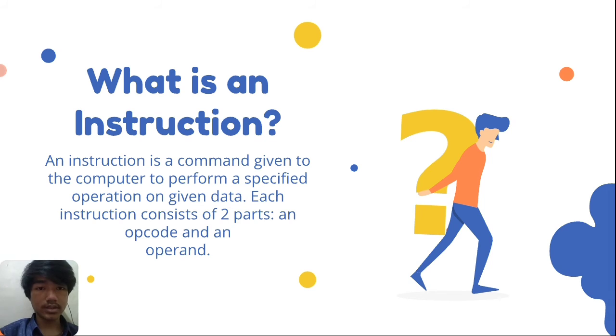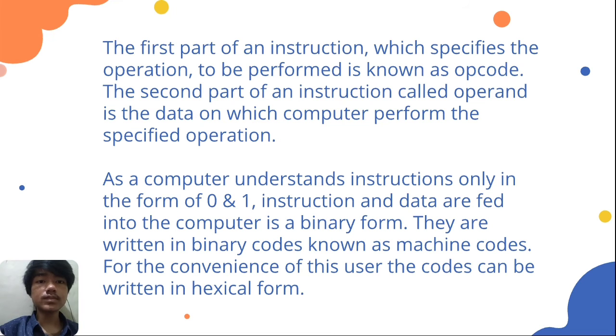What is an instruction? An instruction is a command given to the computer to perform a specific operation on given data. Each instruction consists of two parts, an opcode and an operand. The first part of an instruction, which specifies the operation to be performed, is known as the opcode.